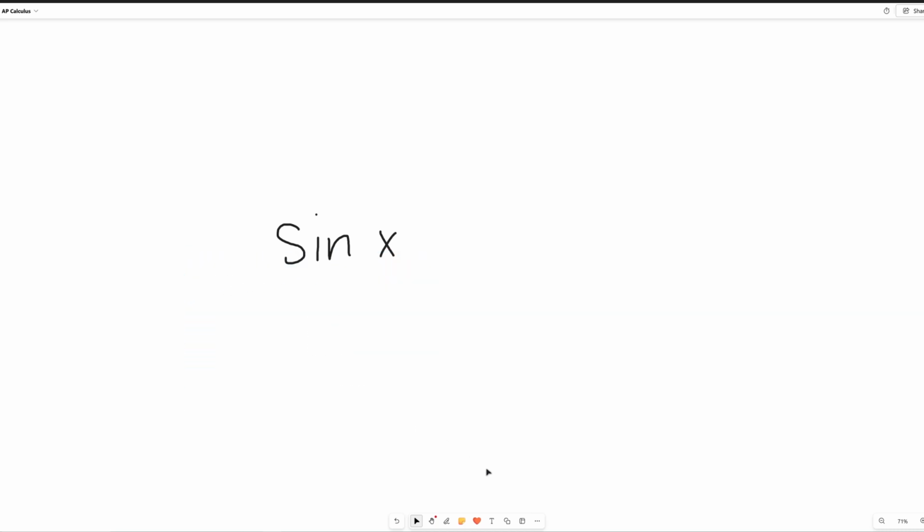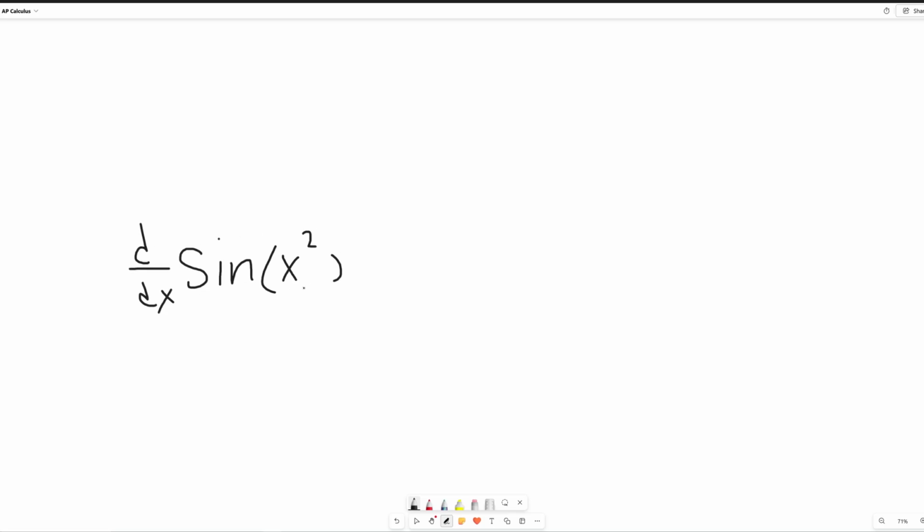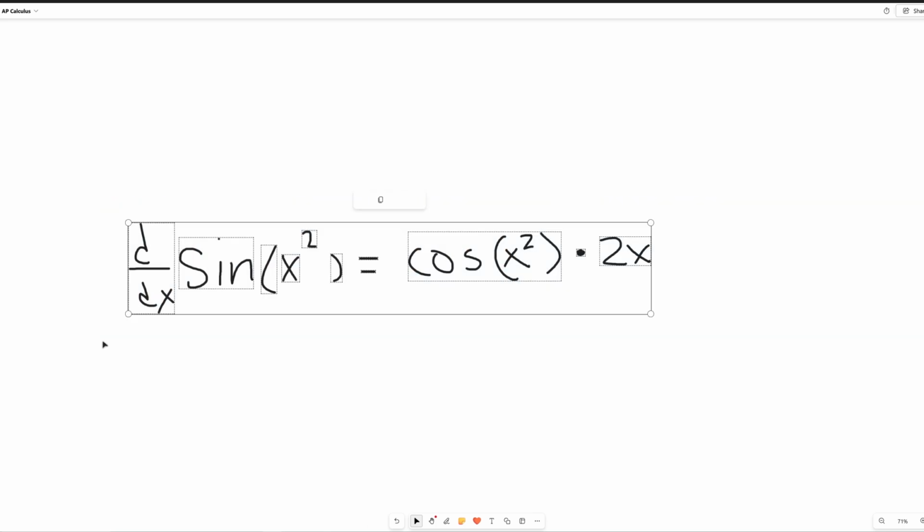So, if we, for instance, wanted to say sine of x squared, find the derivative. Well, cosine is our outside function once we take the derivative. So cosine of x squared times the derivative of the inner function, which is 2x. This is our final answer for sine of x squared.